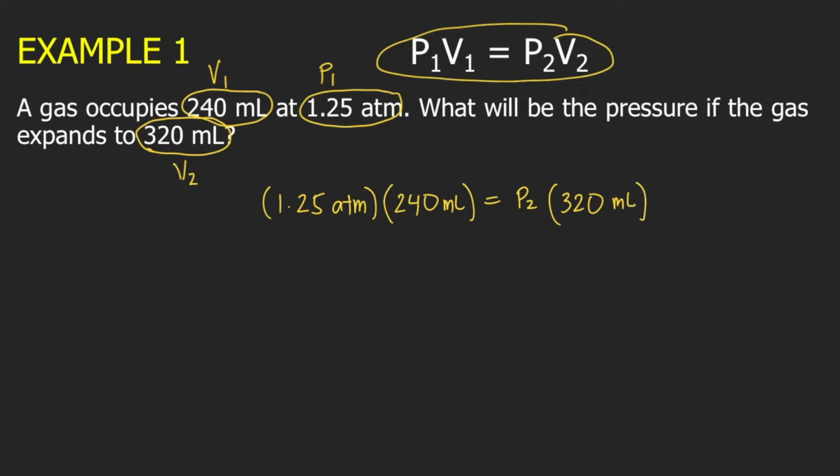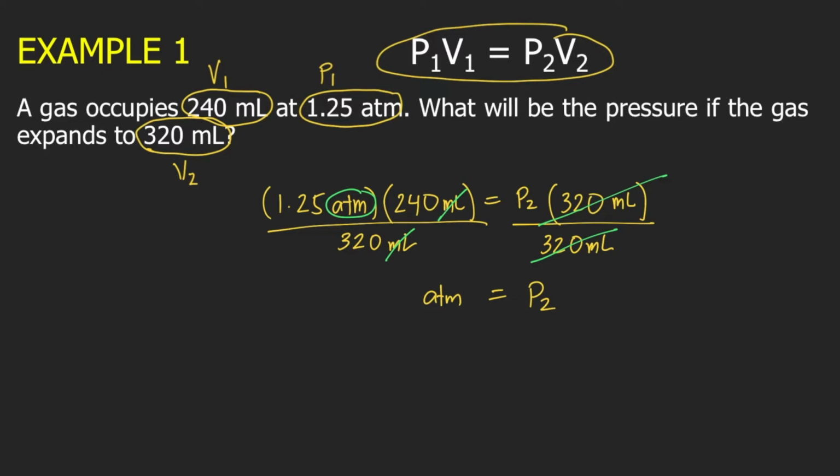To solve for P2, you divide both sides of the equation by 320 ml. So 320 ml cancels on the right side, and what is left on the right side is P2. And on the left side, ml will cancel. So the unit would be atm.